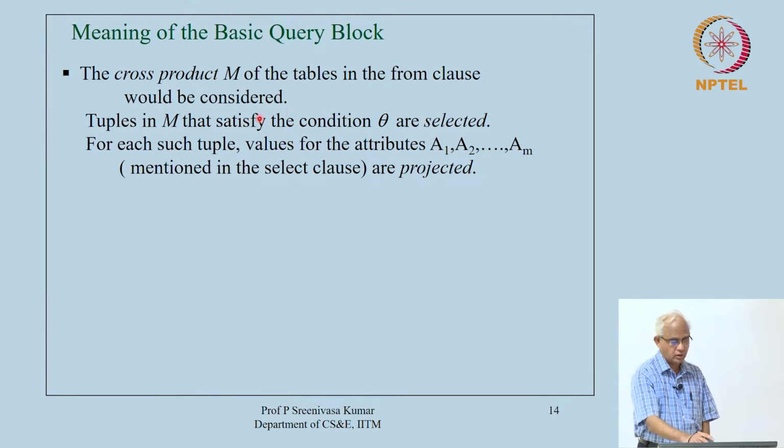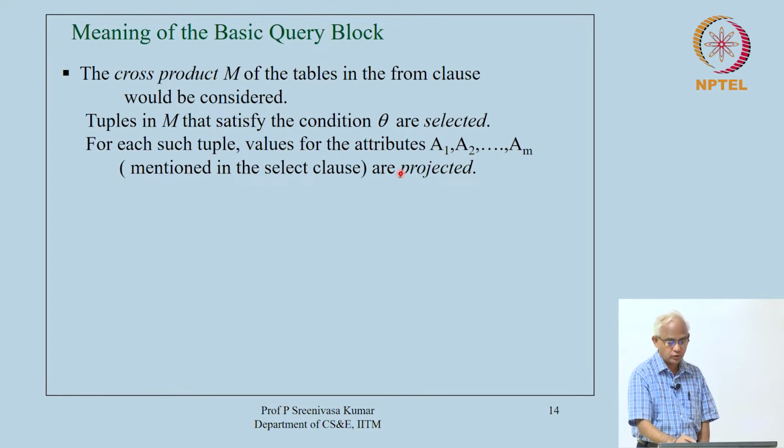All tuples in the cross product of the tables in the from clause would be considered; let us call this cross product M. Tuples in M that satisfy the condition theta are selected, and then from these selected tuples we pick up the values of the attributes A1 through Am and, in some sense, project them to generate the output.